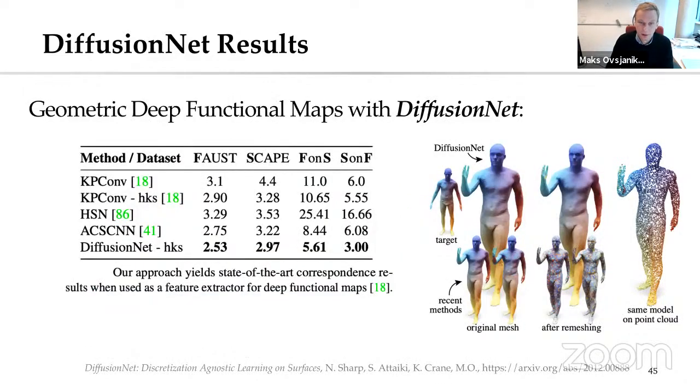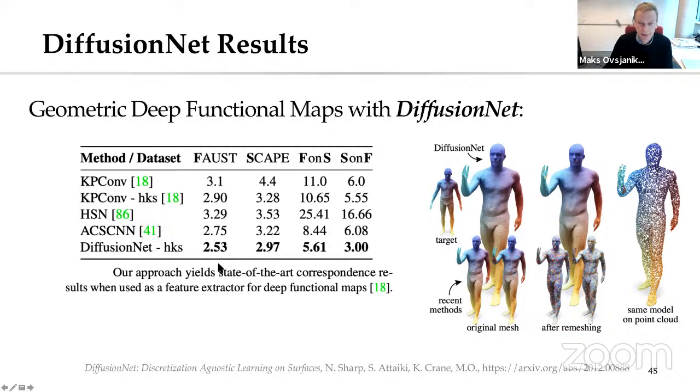First of all, we use DiffusionNet as an architecture for training geometric deep functional maps, using the same supervised losses that I showed before. Here we are using the connectivity, so we are using the surface, and in the beginning, for example, we take the HKS as an input feature to the network.